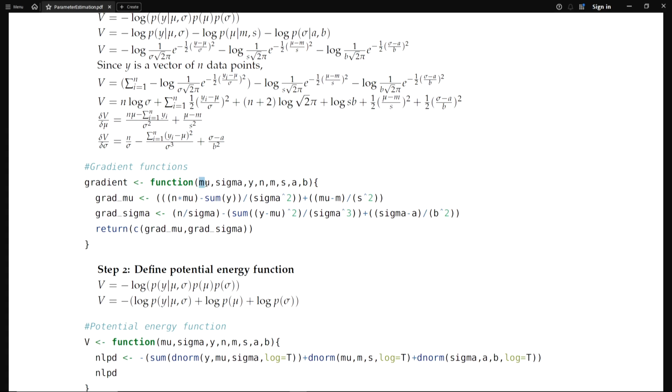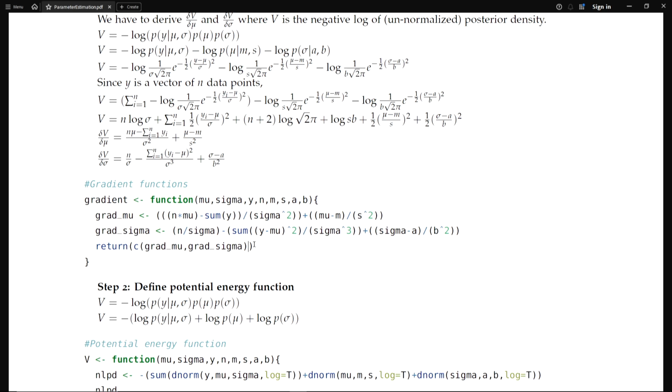The function takes the values of mu, sigma, data, and the number of data points, and then these are the priors. This m and s make the prior on mu, and this makes the prior on sigma. I give all these arguments and this function will calculate the gradient for mu and sigma, under these likelihood and prior assumptions. If your likelihood and prior assumptions are different, then of course you will have a different gradient.